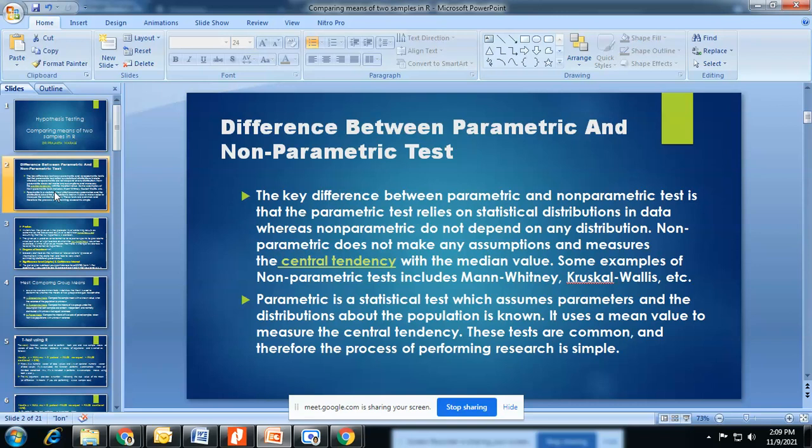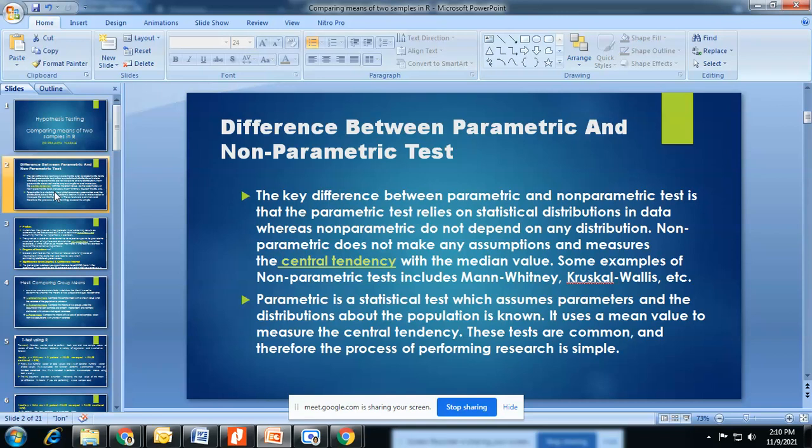When we talk about a parametric test, it is actually the statistical test which makes certain assumptions related to your data or the parameters that are involved in the data, and the distribution of the population is known. Like how many observations are there, what is the frequency of those observations, and different characteristics of the distribution you can easily find out in the parametric test.